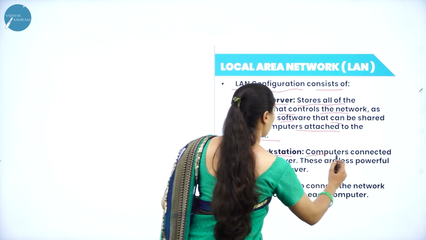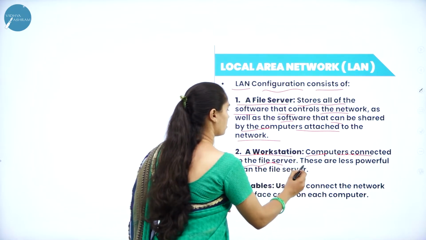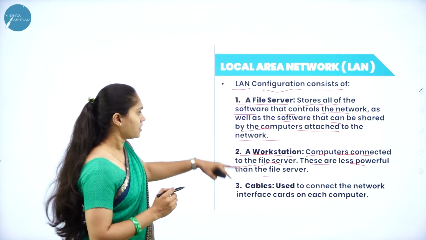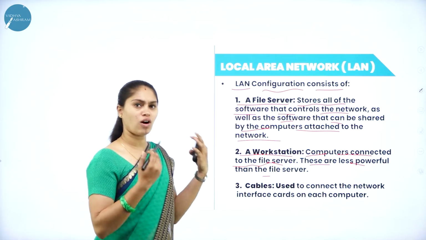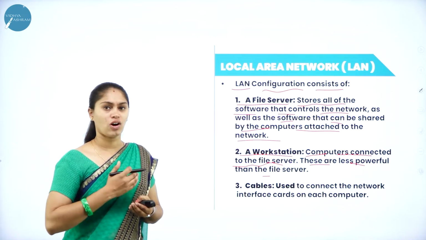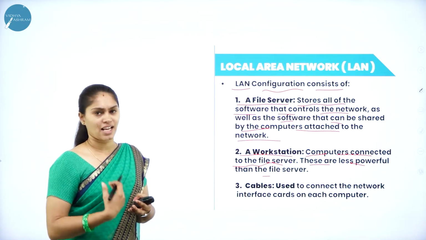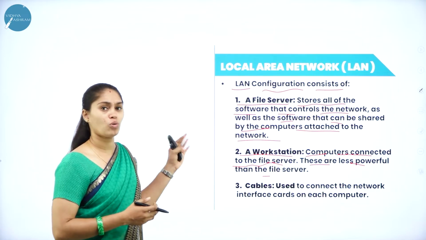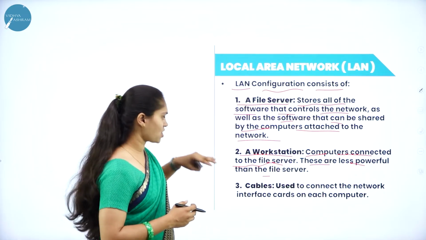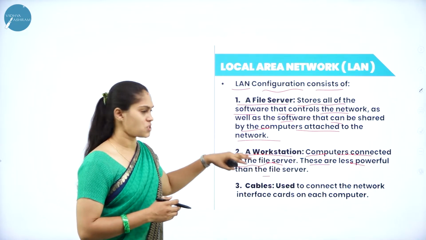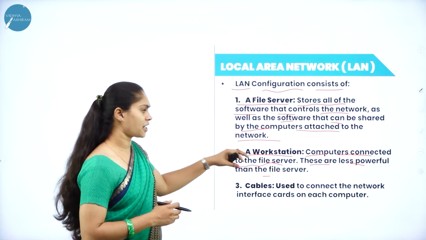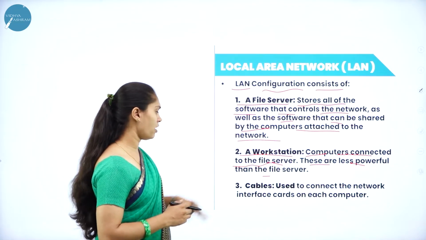The computers connected to the file server are less powerful than the file server. Why? Because the file server stores all the software required for the transaction and transmission of data and information over the network. So the file server carries more weightage than the workstation. When a computer is connected to the file server, that kind of computer is considered as what?